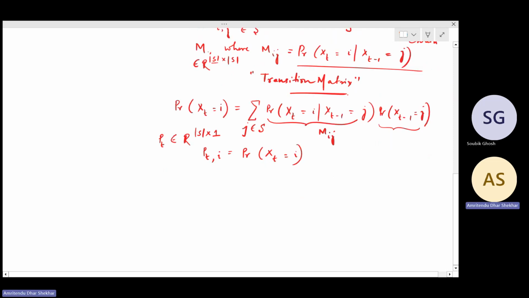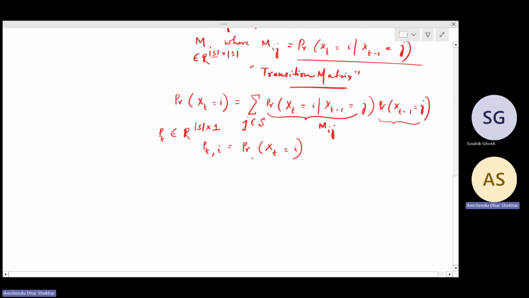Essentially what I'm doing is taking these probabilities, the probability of xt being i, and forming a column vector. So then this expression tells us that pt is equal to M times pt minus 1.